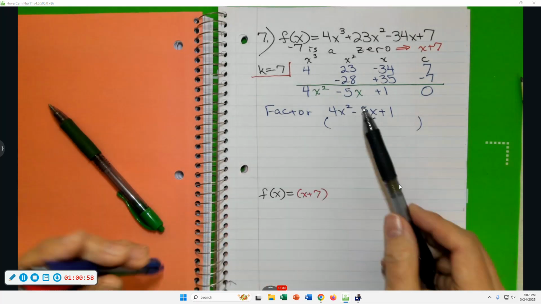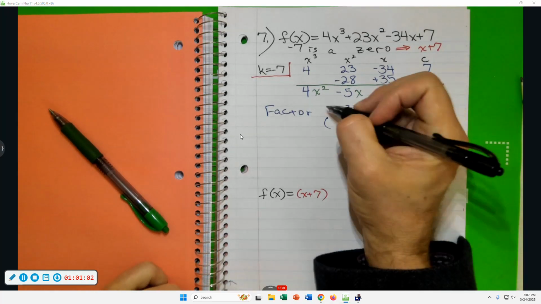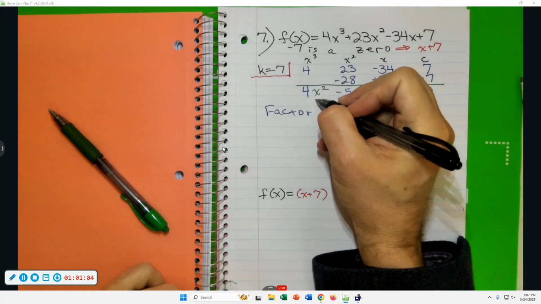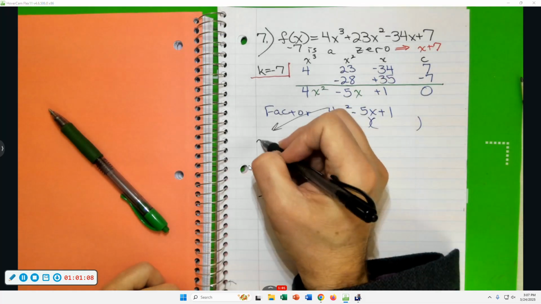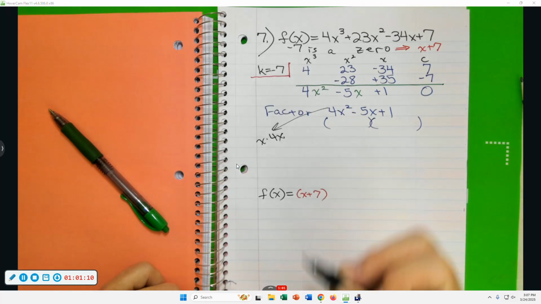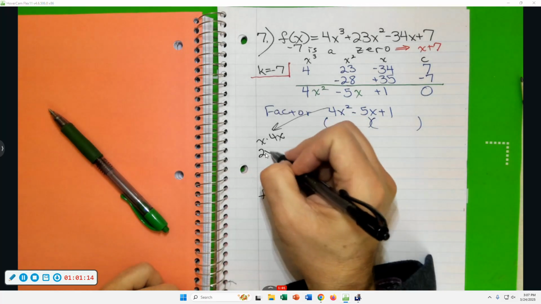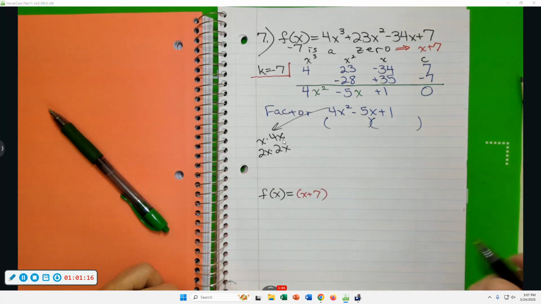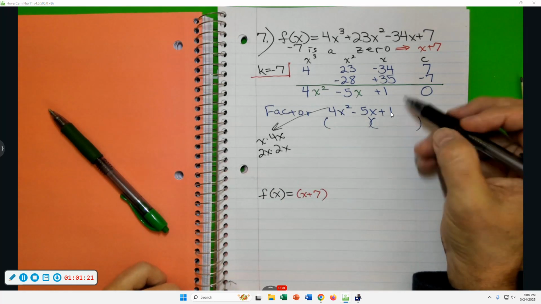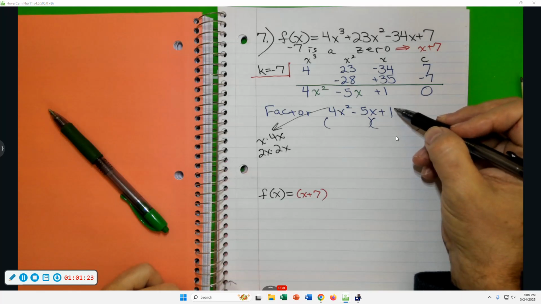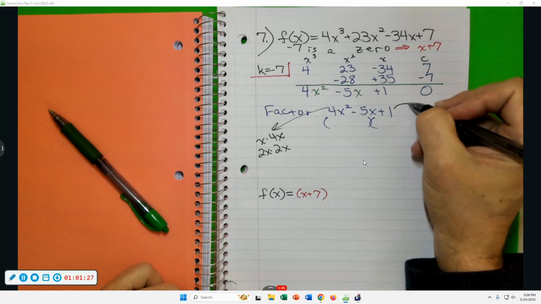For 4x squared, we could have 1x times a 4x, or 2x times 2x. For 1, hey, at least that's going to be pretty painless. What times what will give us 1? 1 times 1, that's it.